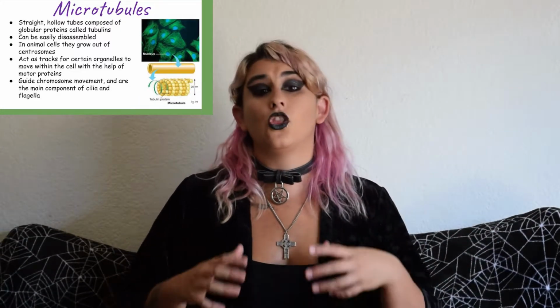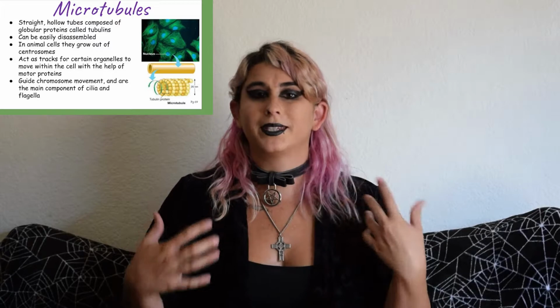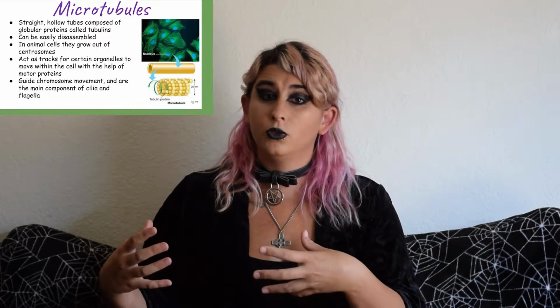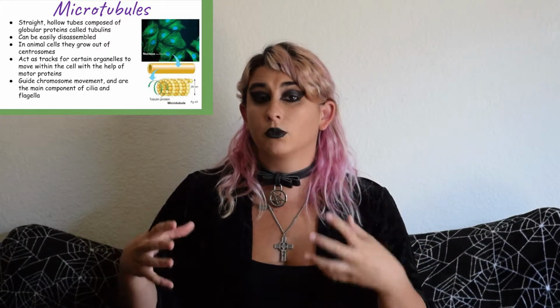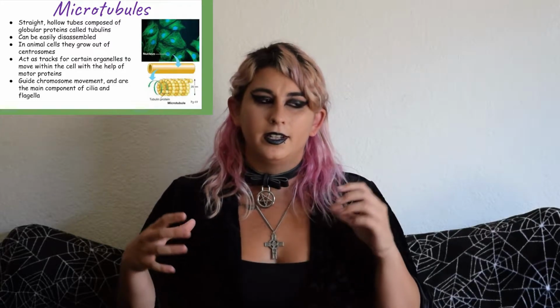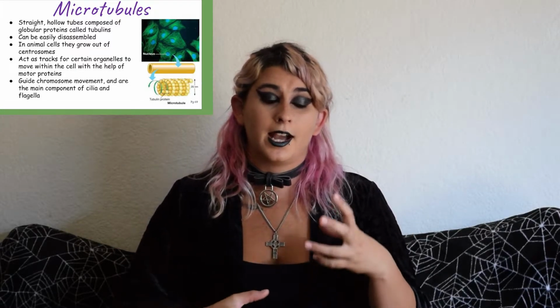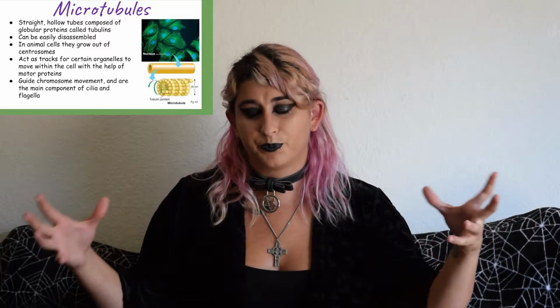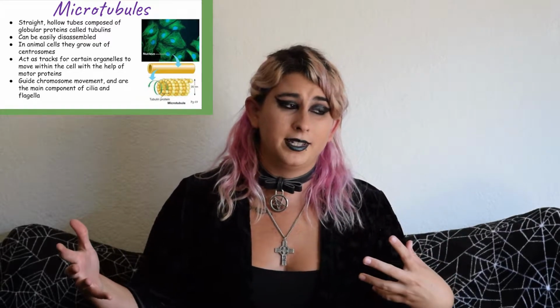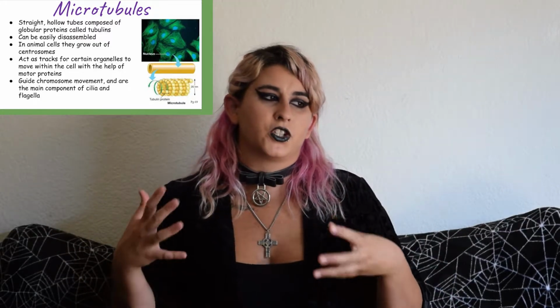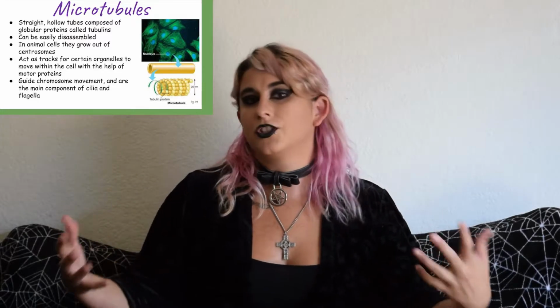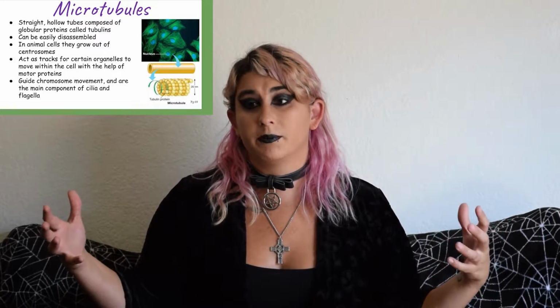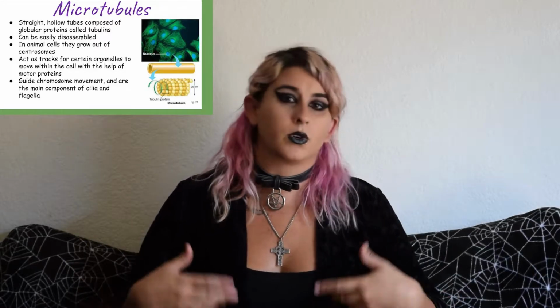The first and largest type of these fibers that make up the cytoskeleton are the microtubules. These particular kinds of fibers are straight, hollow tubes that are composed of globular proteins called tubulins. Now, globular just represents the overall shape of the protein, and if you don't know what that means, that's not as important if you're just getting a surface level understanding of biology that one would expect from a non-majors or intro course.